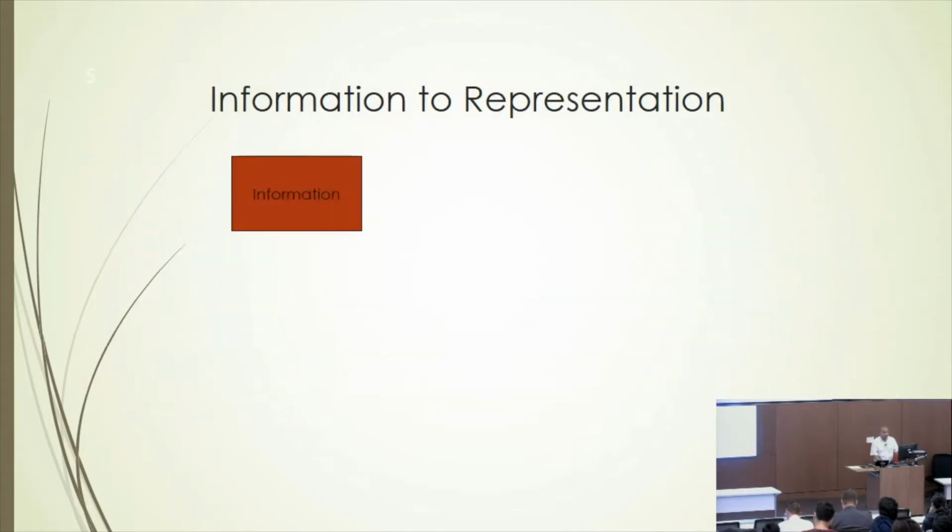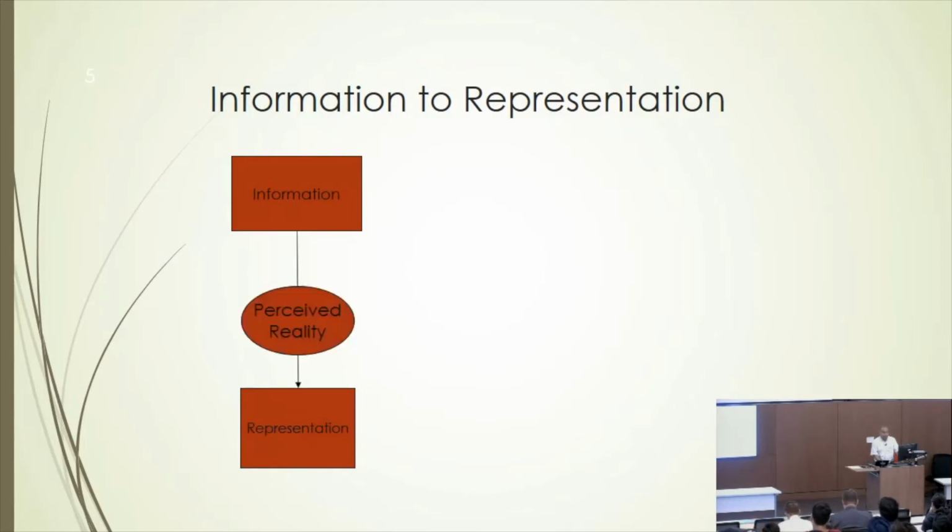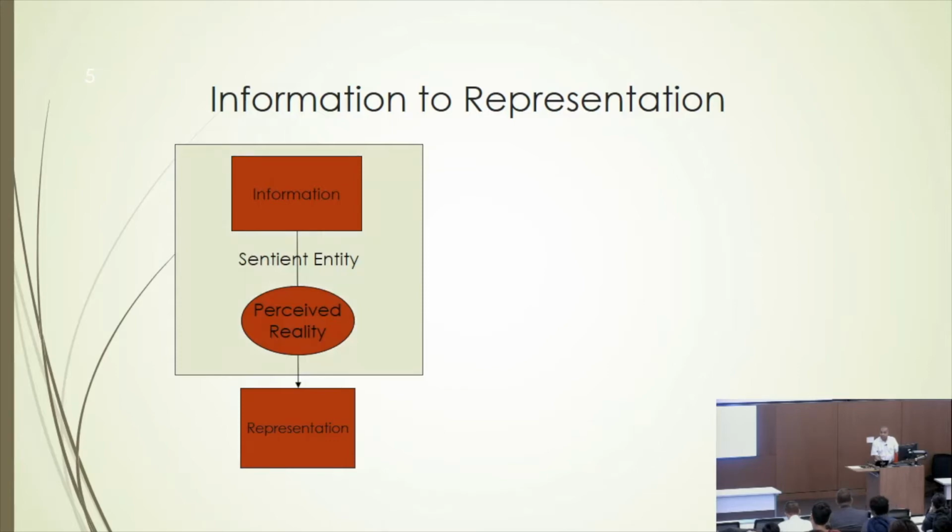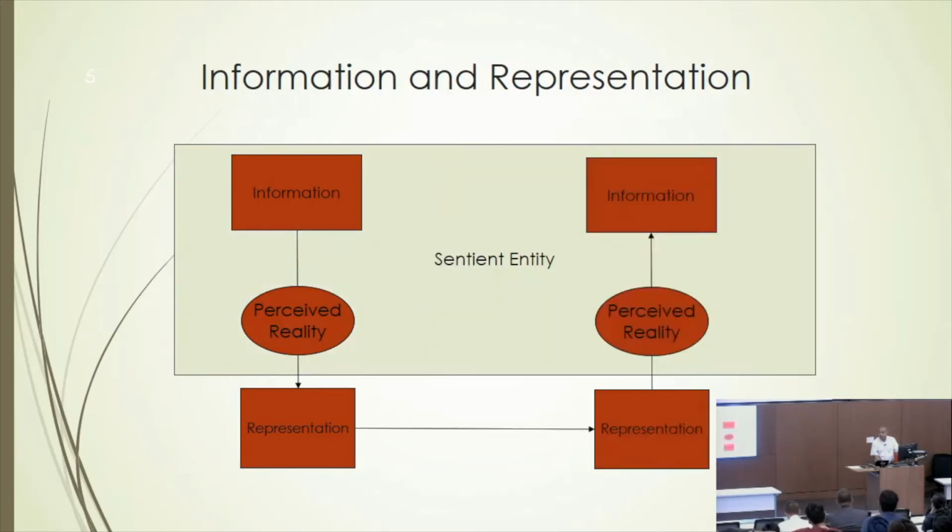So what happens? I start out with some information. I want to create a representation. How do I create it? From information to representation, whatever is in my head, I create using that, and that's a sentient being. Now, if I want to send it over, what I transfer is the representation, not the information.